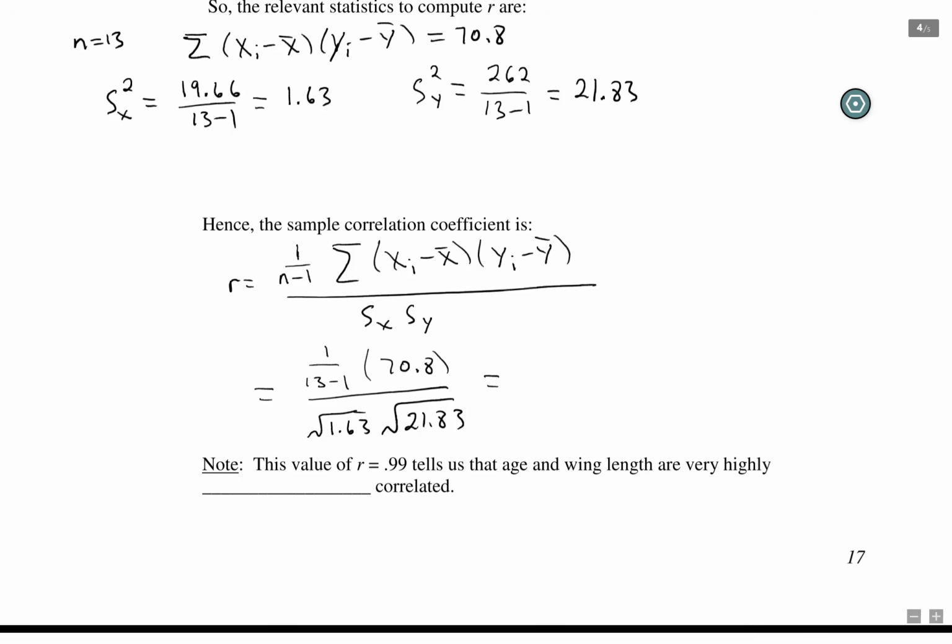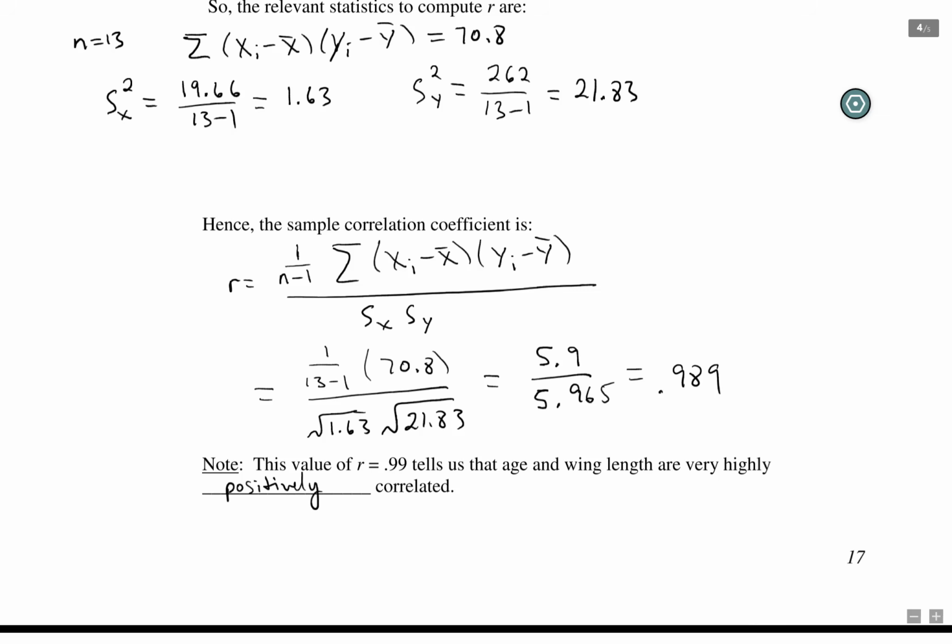Do the arithmetic here in the numerator, you get 5.9. In the denominator, you get 5.965, and that turns out to be 0.989. Okay, so that value is very close to 1, and it tells us that age and wing length are very highly positively correlated for this data set.